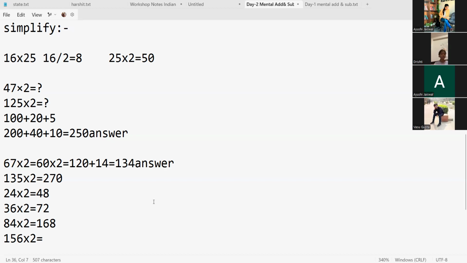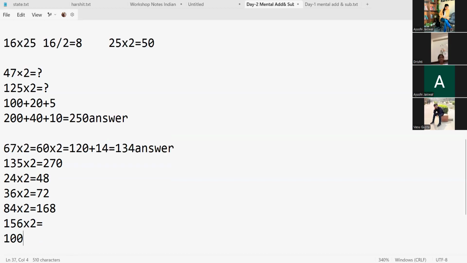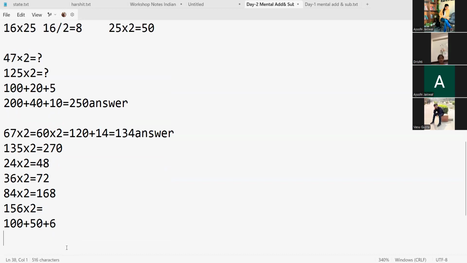Yes, sir. See, I just divide the number. First, 100 plus 50 plus 6, right? 2 times 100 is 200, plus 2 times 50 is 100, plus 2 times 6 is 12. Then add: 200 plus 100 is 300, and 312. That is your answer. 312. Understood? Yes, sir.